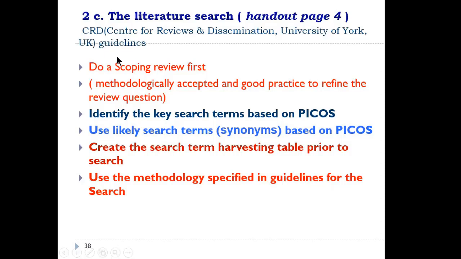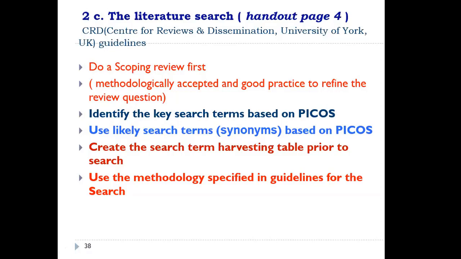So you first do a scoping review and have an overview of the literature available. Methodologically, it is accepted good practice to refine the review question. The person doing the literature search should always be in contact with the subject specialists. He or she cannot do it alone.